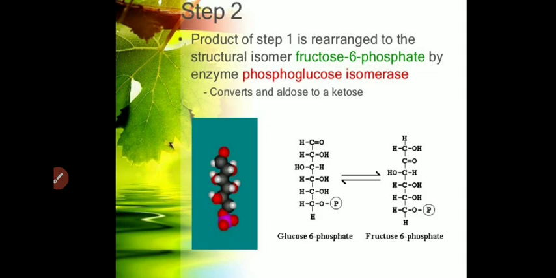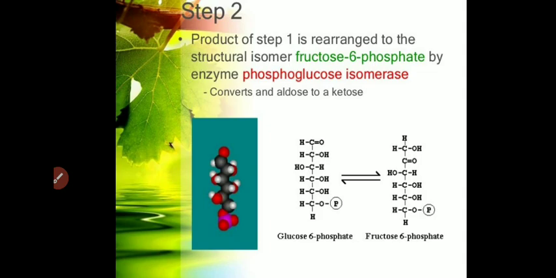The second step in glycolysis is isomerization. In isomerization, what happens? A readily reversible rearrangement of the chemical structure moves the carbonyl oxygen from carbon 1 to carbon 2, which forms a ketose from the aldose sugar. Here in the diagram also you can see that the rearrangement of the carbonyl group is carried out.